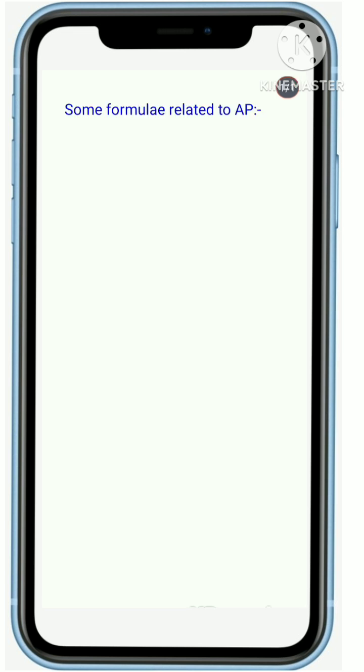Students, lastly, some formulae related to AP.